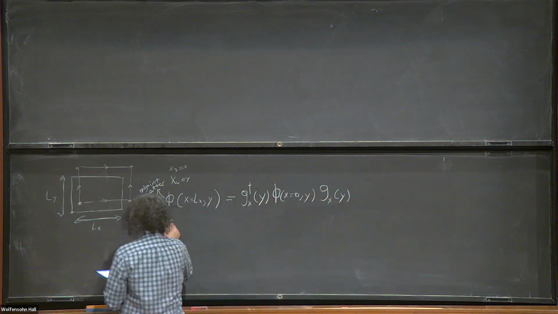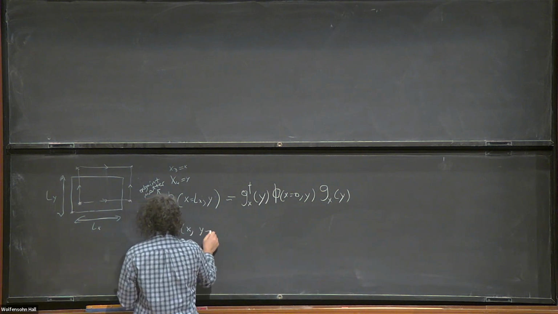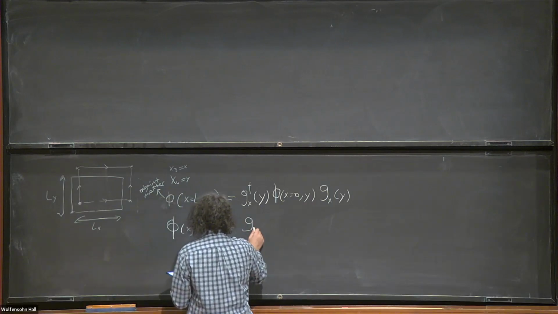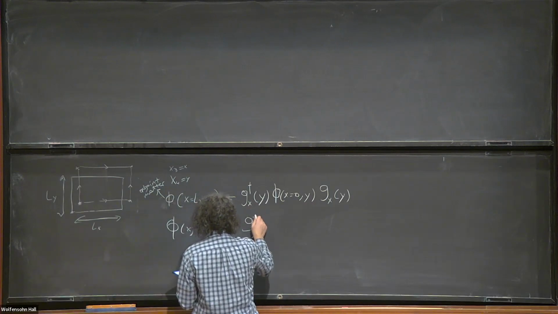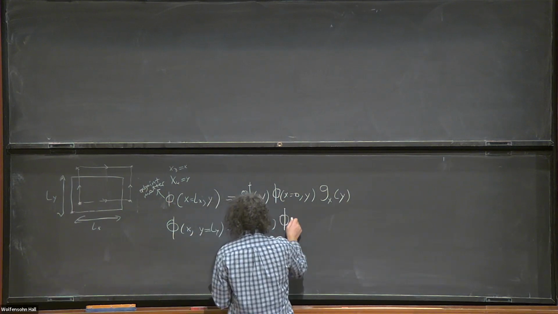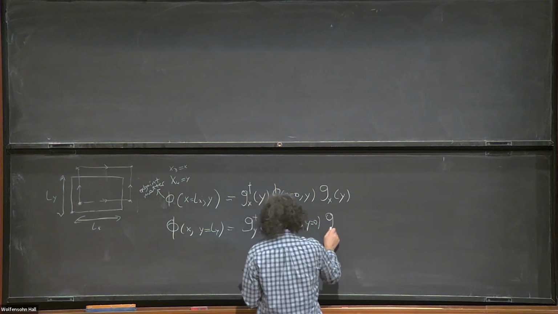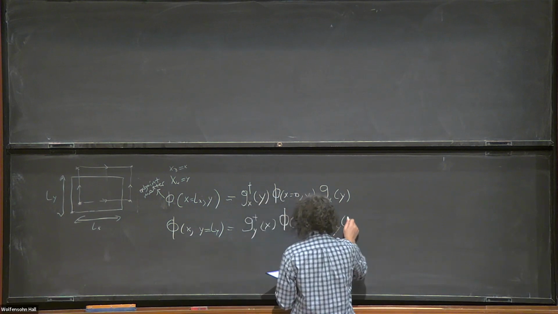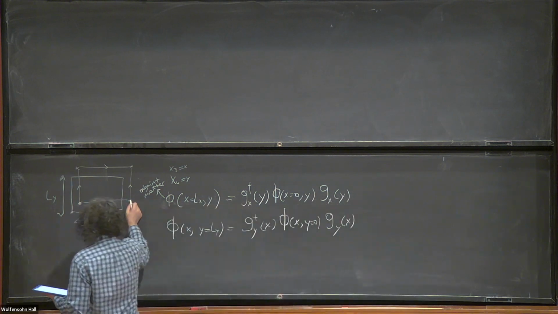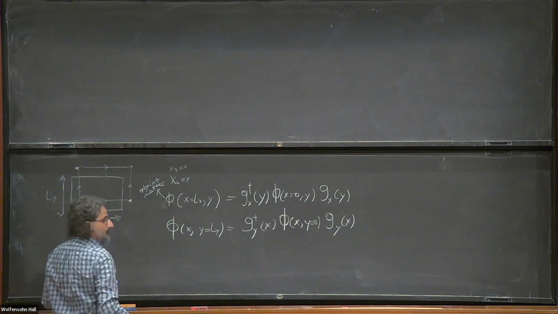And similarly, I need to write phi x comma y equal Ly is equal to transition functions now in the y direction, which are functions of x variable, phi x comma y equals 0, and gy of x. So I define the field here, the field there via these transition functions.